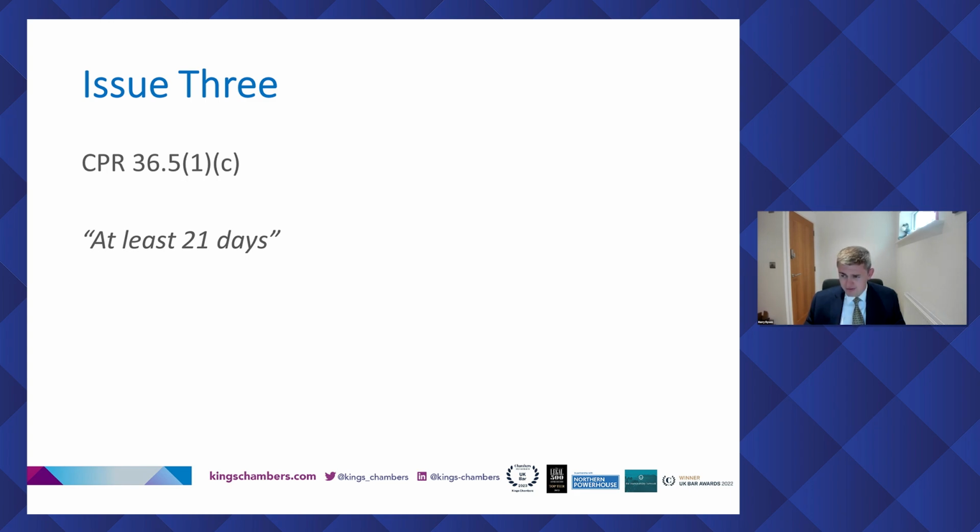So any offer that isn't clear about when that will be can't be an offer because it can't be applied later on. It's simple stuff, but it's easy to miss. Indeed, it has been missed in cases, and it will be missed. So please do keep an eye out for that one.